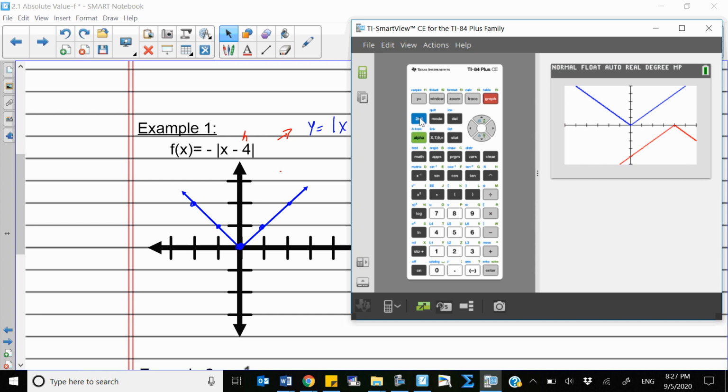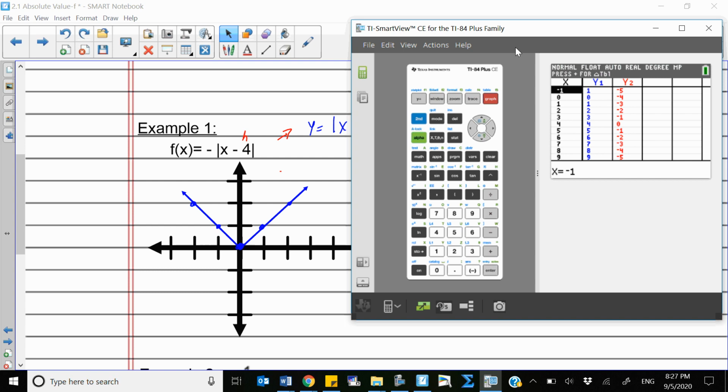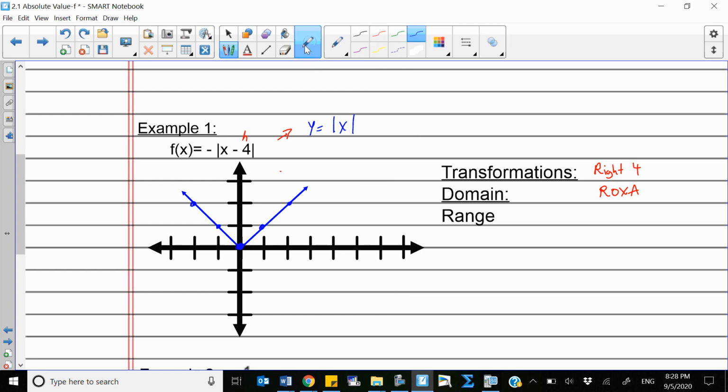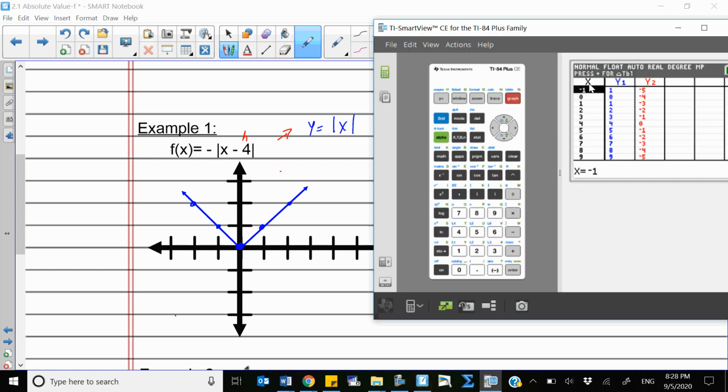Now I can even use my table here to find the values. So if I have, let's say, 0, y is negative 4. I'm checking the red ones, that's y2, the transformed function. So if x is 0, y is negative 4, and let's use another number, something around this area.